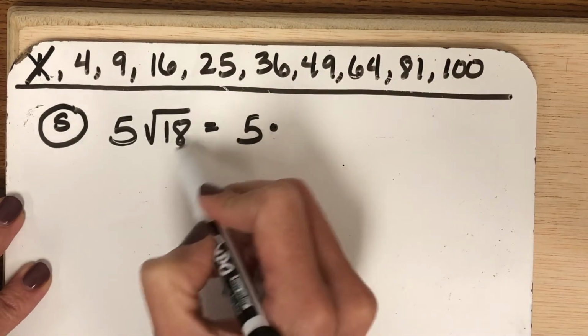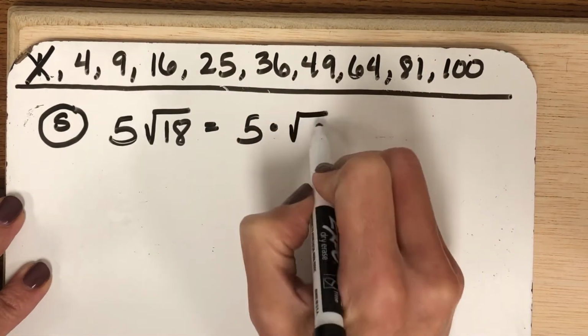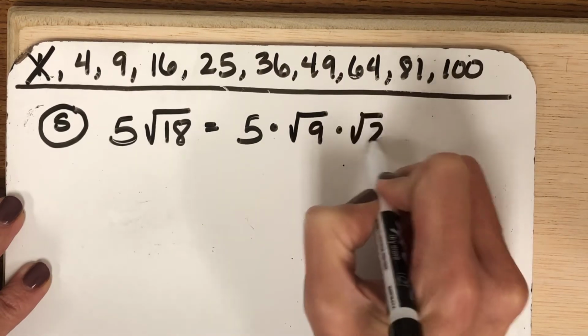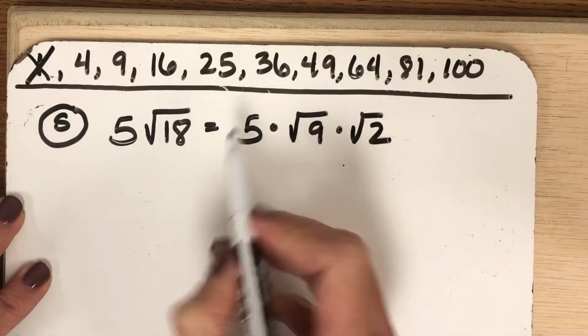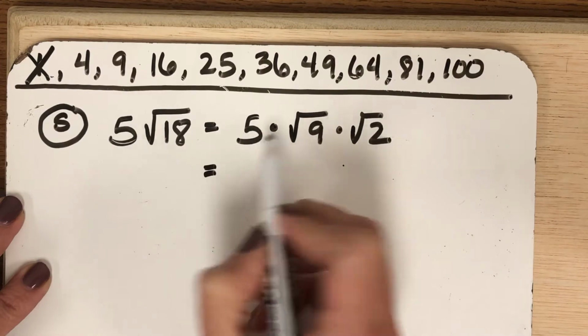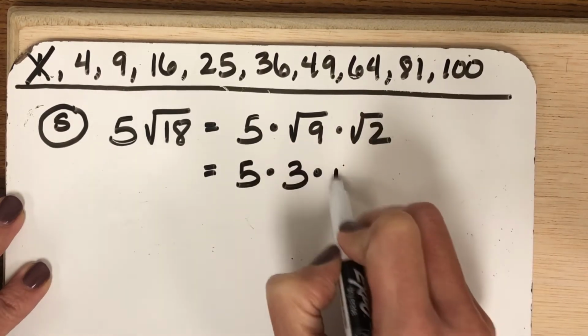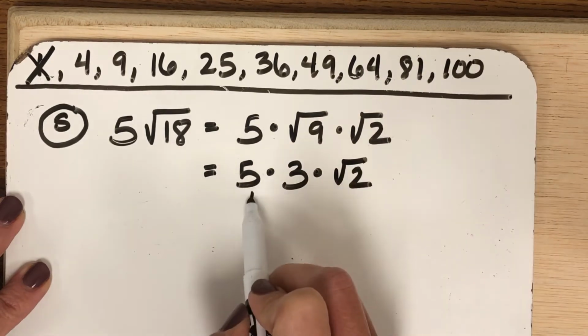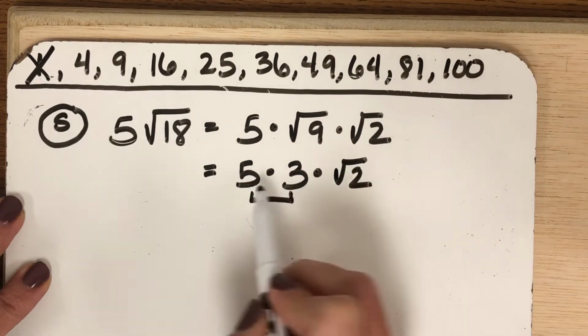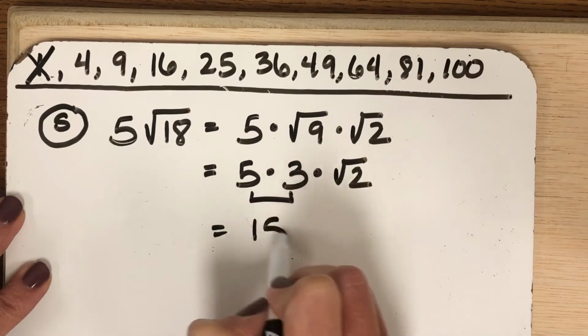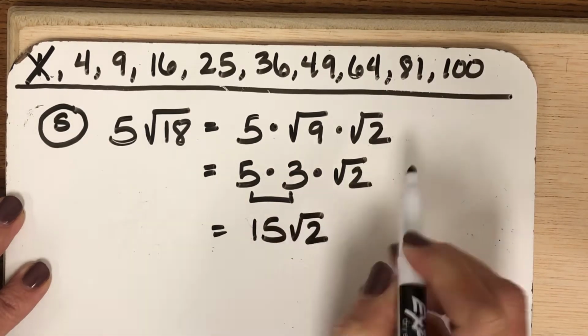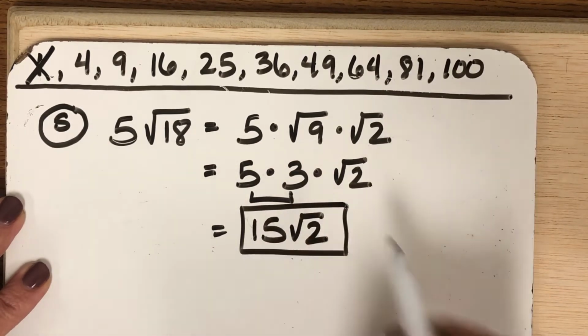So I'm going to rewrite the square root of 18 as the square root of 9 times the square root of 2. Now I'm going to simplify. Again, 5 remains the same. The square root of 9 is 3. The square root of 2 remains the same. And then I can simplify this part: 5 times 3 is 15 times the square root of 2.